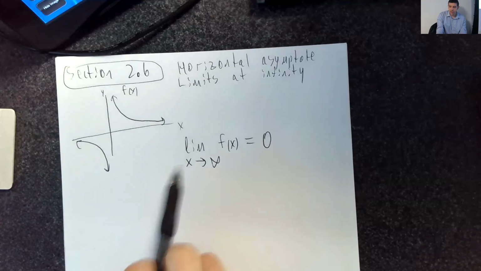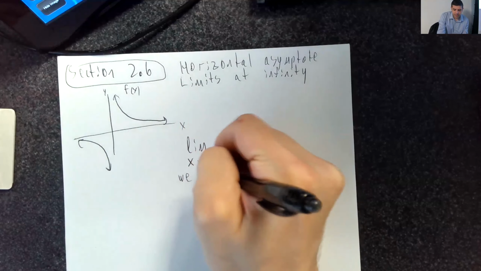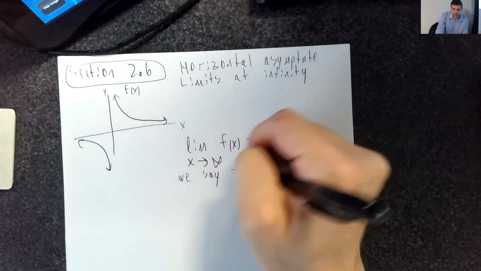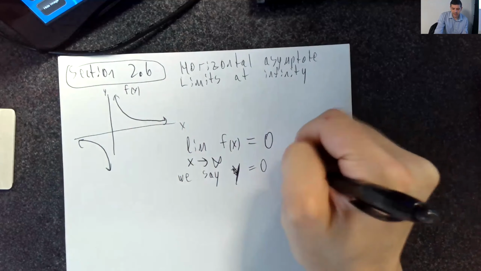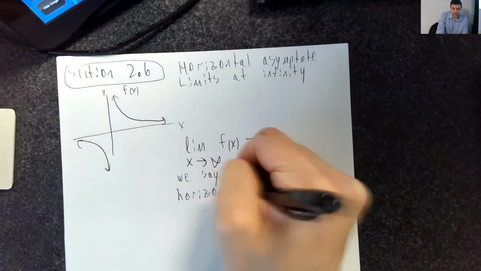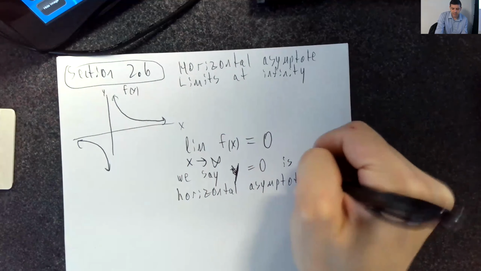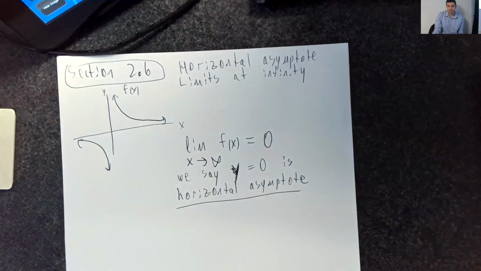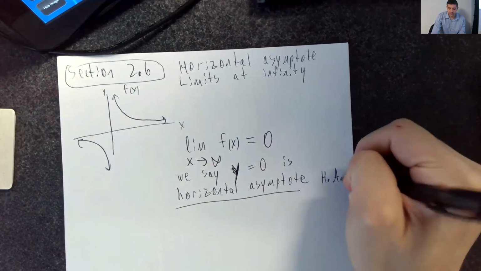Okay, so when this happens, we say y equals 0 is a horizontal asymptote. So HA, abbreviation.